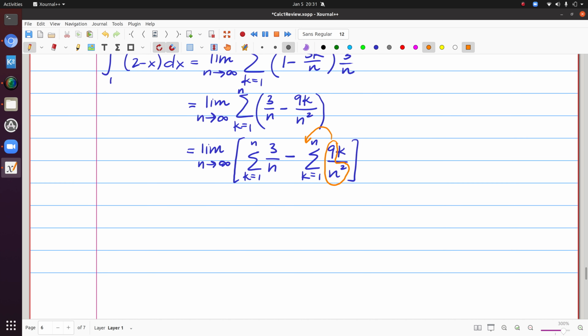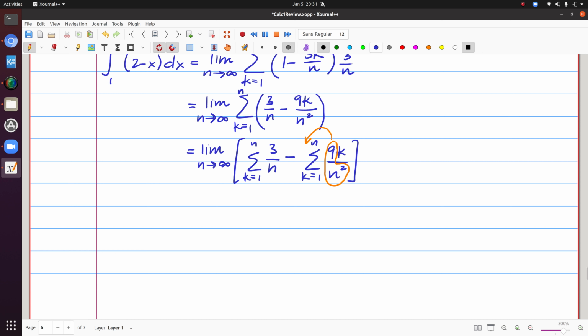So before we simplify this, let me do that one final step here. Much of this I'm not going to change, in particular this first part. I'm going to leave it as is, and then I'm going to factor out 9 over n squared times, whoops, that should not be an infinity, times the sum from k equals 1 to n of just k.